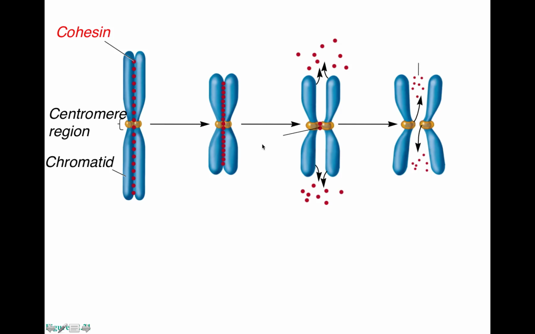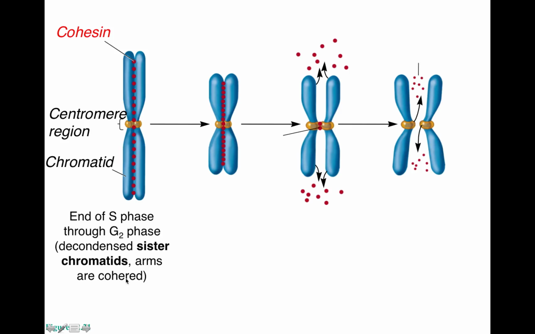During metaphase of mitosis, this chromosome compacts, but eventually these two sister chromatids have to go their separate ways. One goes to one daughter cell, and one to another daughter cell. So these cohesin molecules have to be released by the chromosome, and eventually the two sister chromatids can separate during mitosis.